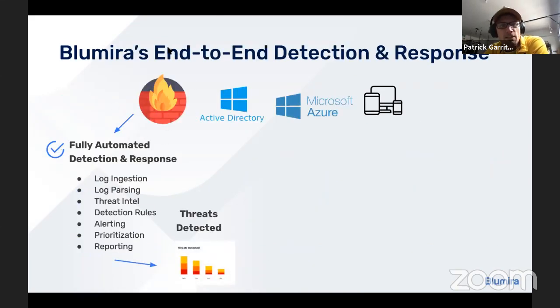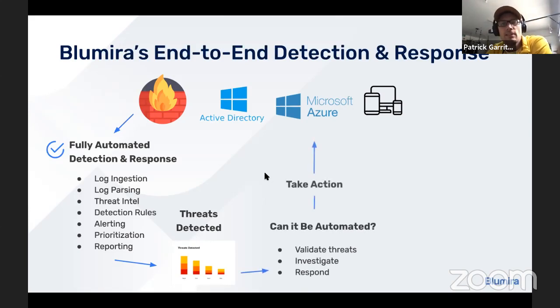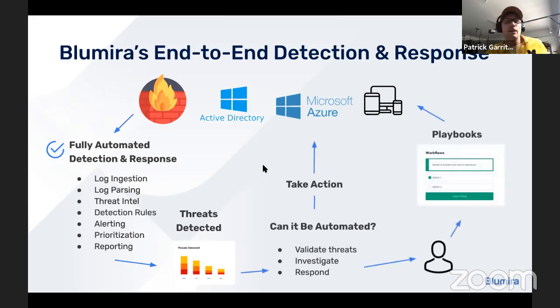How this works is we integrate with a ton of different products, almost anything within a customer's environment. We automate ingestion, parsing, prioritization, detection, and reporting, surface threats, and then either take action in an automated way or provide a playbook on what to do.